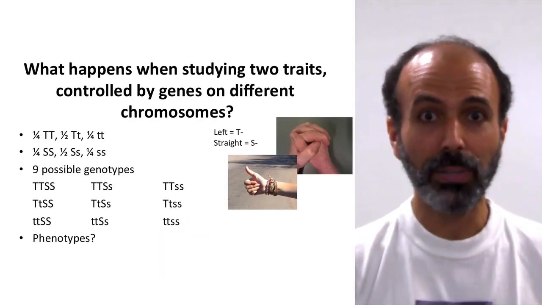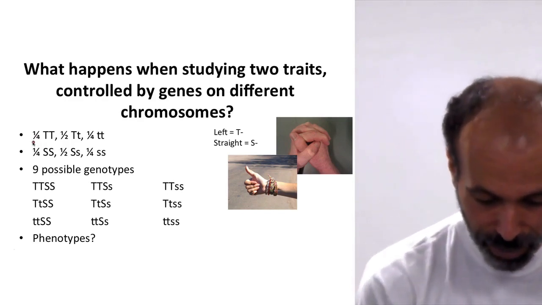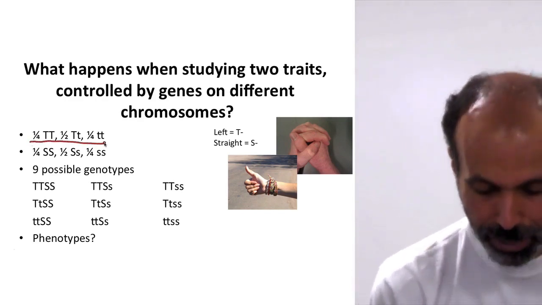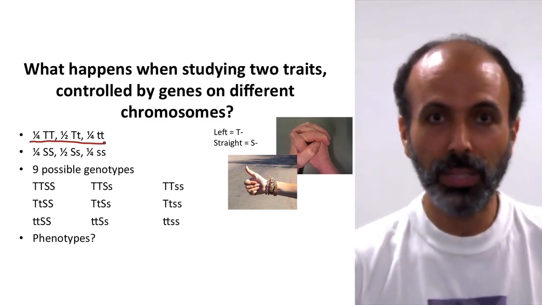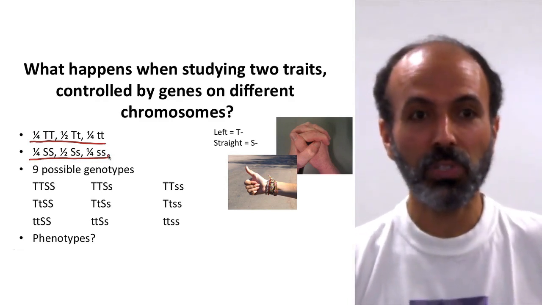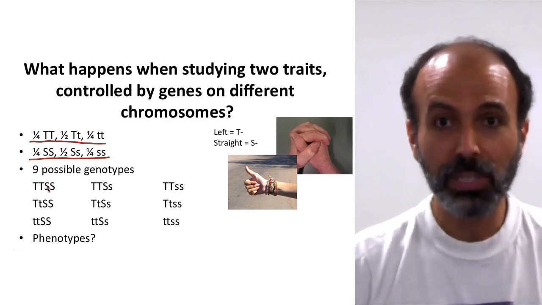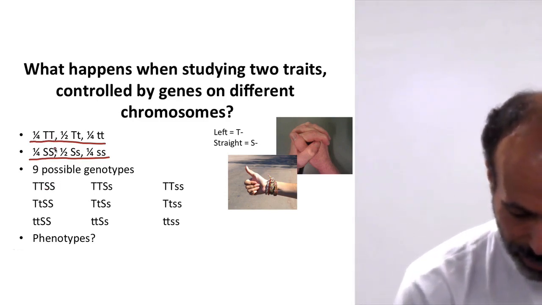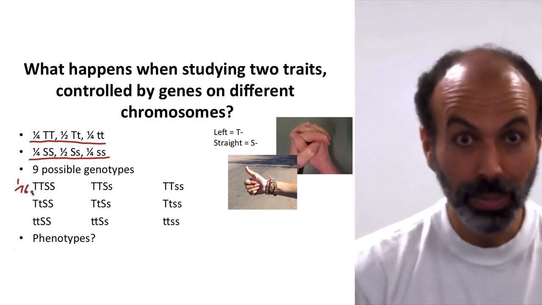Here's all the possible outcomes when you're looking at just one gene in isolation. This is what we'd see if we were just looking at what's happening with the T gene, the one that controls left versus right thumb on top. These are the 4 possibilities when you're looking at hitchhiker versus straight thumb. So all we have to do is just multiply the probabilities to get these different genotypes. So we say big T, big S, that would be 1/16, right?